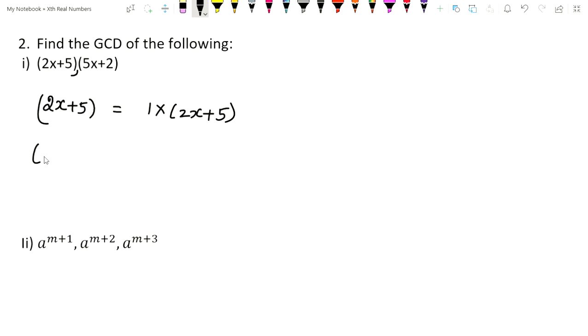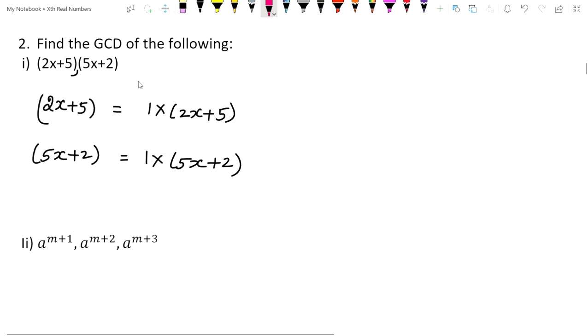Next, 5x plus 2, which is 1 into 5x plus 2. Now, which is common, children? Here 1 is common. So GCD equals 1. Okay, children? See the next one.